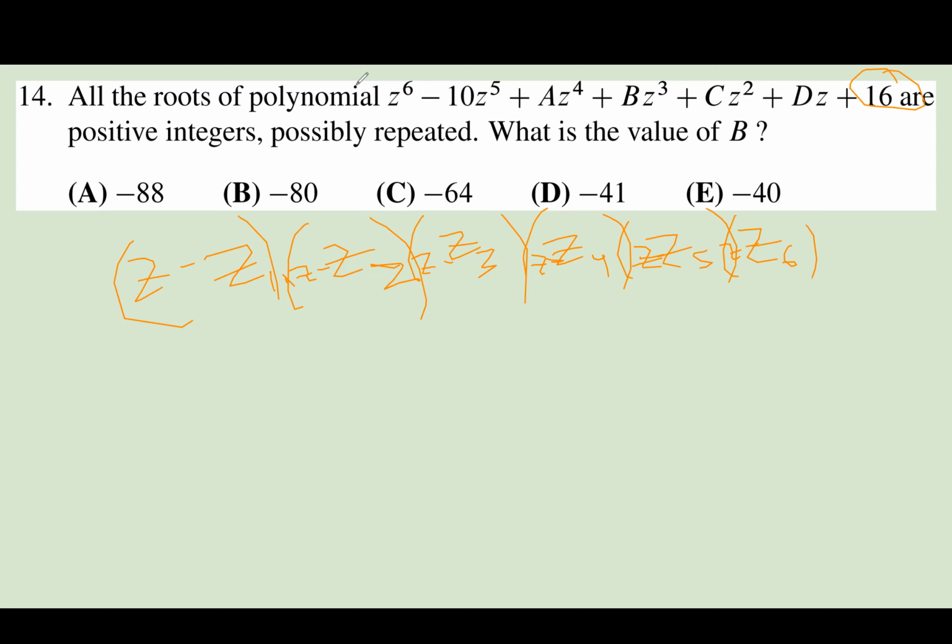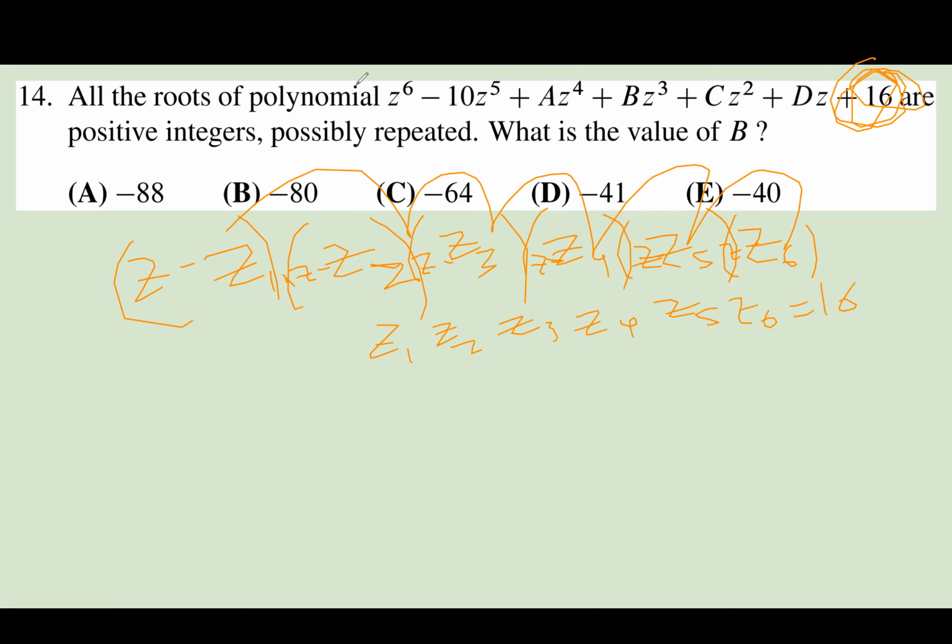Notice that when you multiply, you get z1 times z2 times z3 times z4 times z5 times z6, and that gives you the constant term. Well, it would be minus z1 times minus z2, but since there are 6 of them, the minuses cancel out. So the product of the roots, z1 through z6, equals 16.